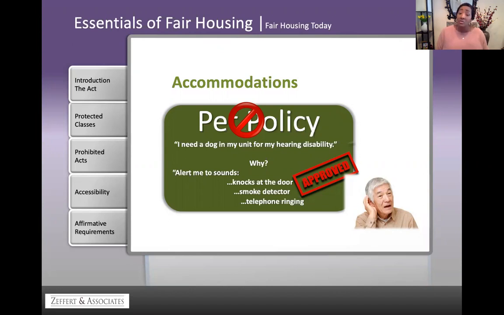Sometimes these requests do take time. What I mean by that, I don't have a definition for what a reasonable time frame is, but I do encourage you to have a policy in place as to how long before you respond to an applicant making a reasonable accommodation or modification request. You do not want to take months and months, and you don't want to take weeks and weeks sometimes.